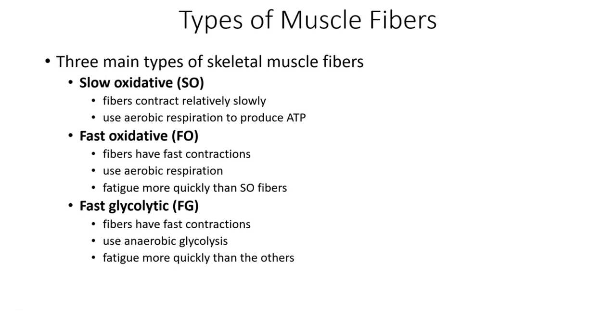So the faster fibers are going to have that enzyme hydrolyzing and detaching ATP about twice as fast as the slow twitch fibers, and that's going to lead to that much faster cross bridge cycling, pulling those thin filaments towards the center at a much faster rate. But this is going to use up ATP really, really quickly, because it's going to blow through all of that energy stores very, very fast, which is why those fibers tire out a lot faster than the slow oxidative fibers do.